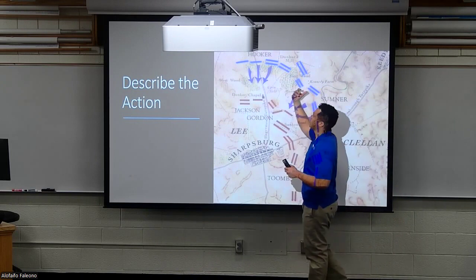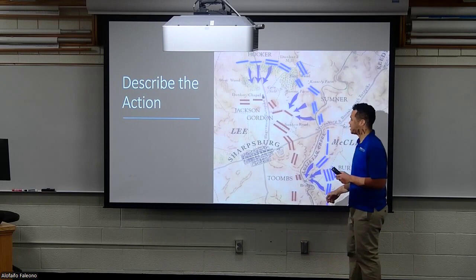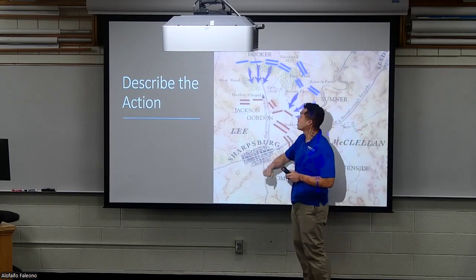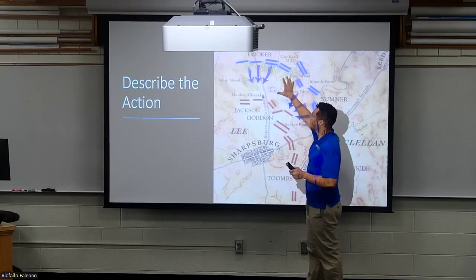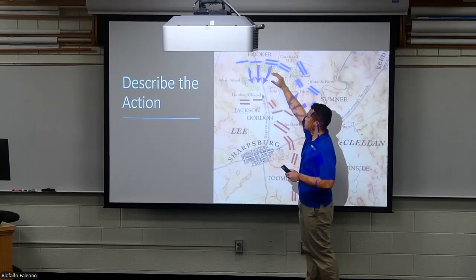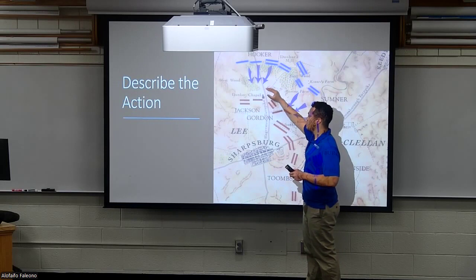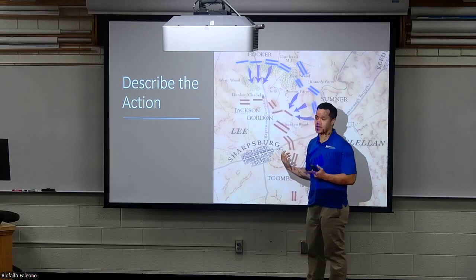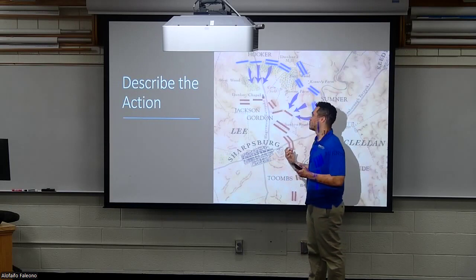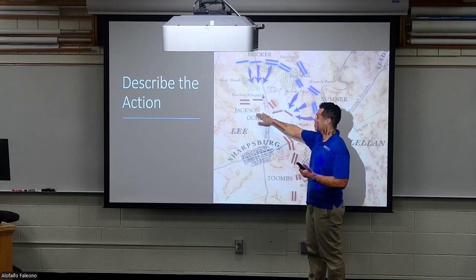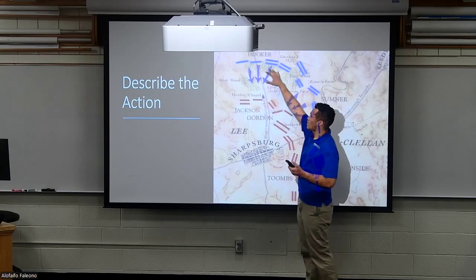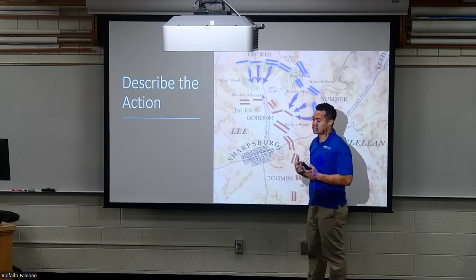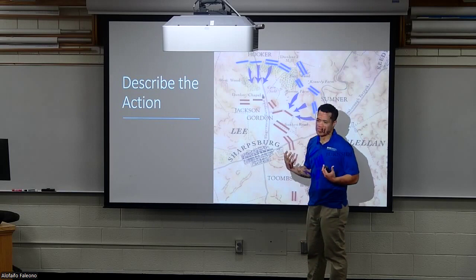The day of, he decides to attack Lee's left and right flank in the morning. Let's discuss the left flank really quickly. To sum it up, Officer Hooker, who's in charge of the Union, pushes through. They experience a lot of heavy cannon fire from the artillery of Officer Jackson of the Confederacy. As they push through, they're experiencing a lot of casualties, and as a matter of fact, on both sides.